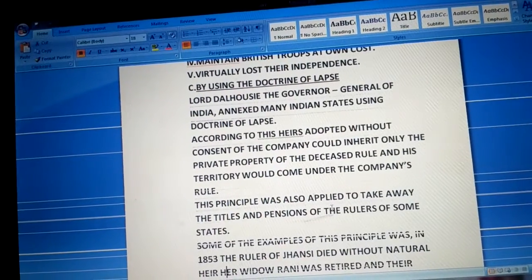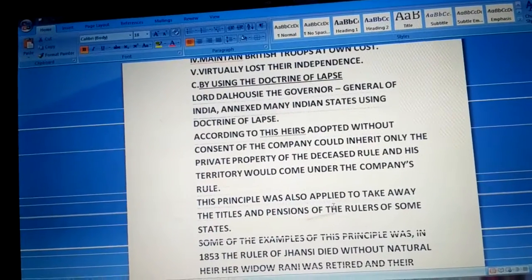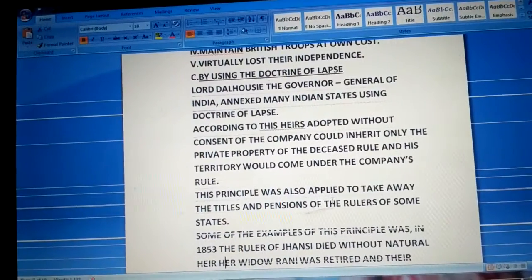So what will be the condition of this kingdom? The kingdom will be totally passed to the British.